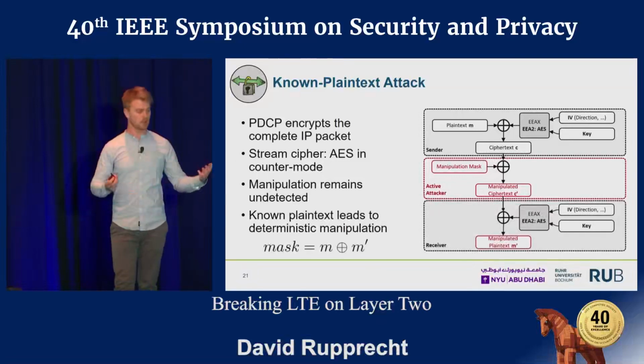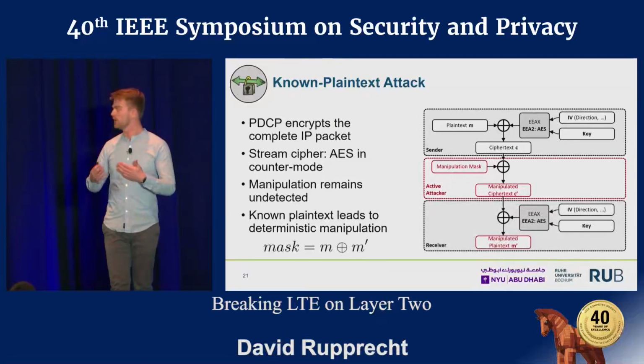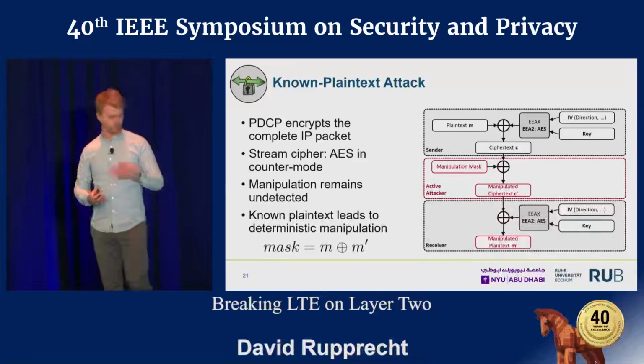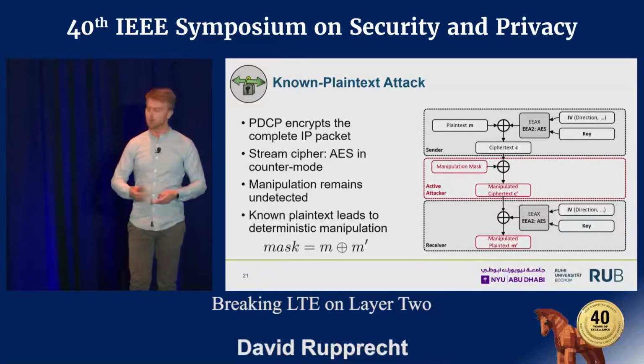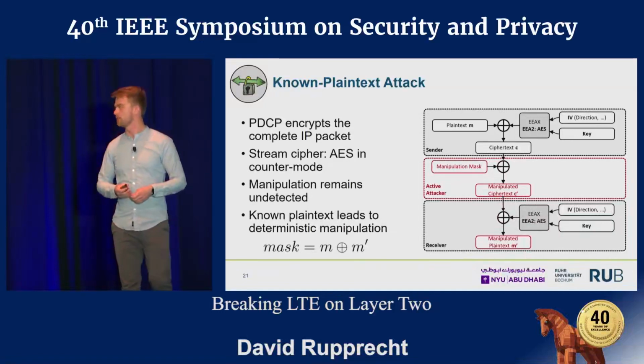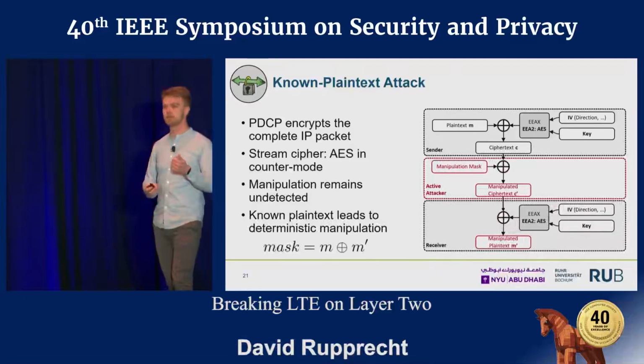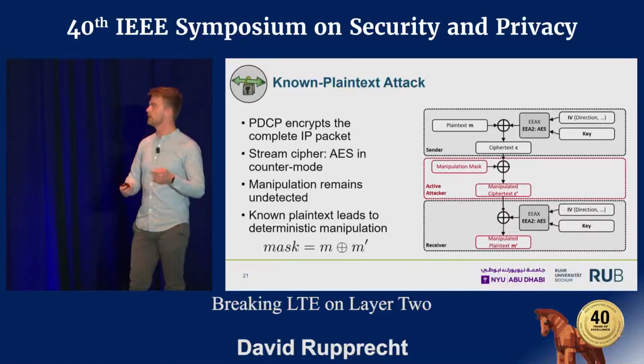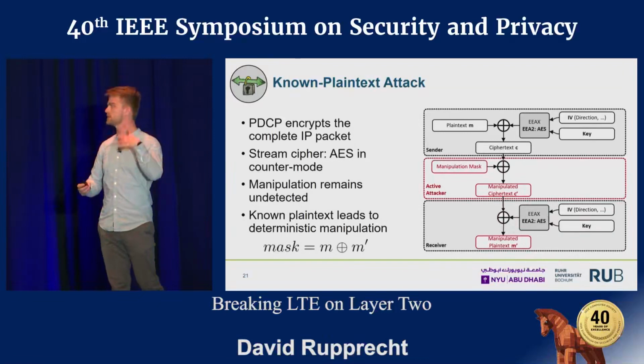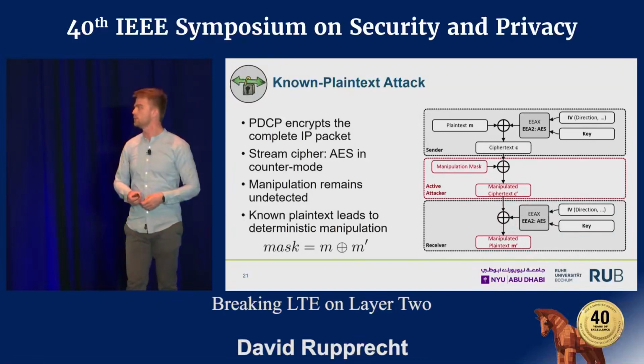The receiver has no means to detect any modification of the ciphertext, and also decrypts it with the exact same key stream as the sender did. So we get the manipulated plaintext that has the same bit flips as introduced by the attacker with the mask.